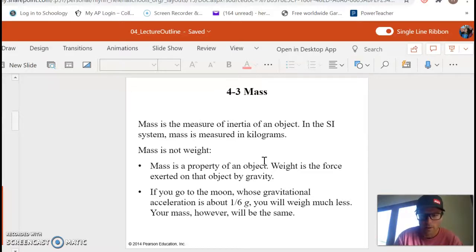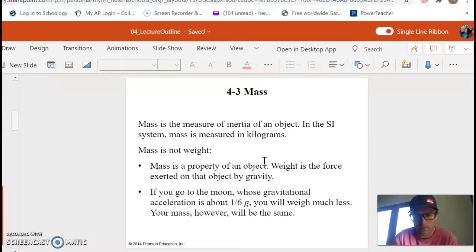So if you ever want to find the weight of an object on Earth, you simply take the object's mass in kilograms and multiply it by the acceleration due to gravity, otherwise known as the gravitational field constant of 9.8 meters per second squared. And then you get a kilogram multiplied by a meter per second squared, which turns out to be a Newton. So mass versus weight, don't get those mixed up.